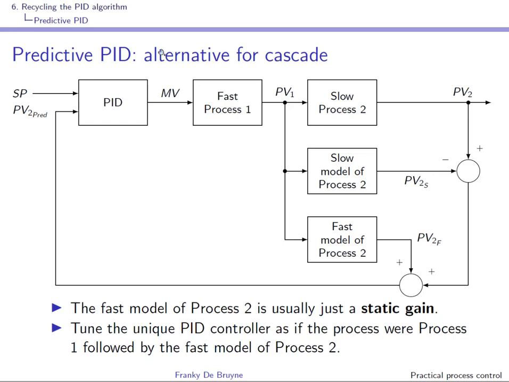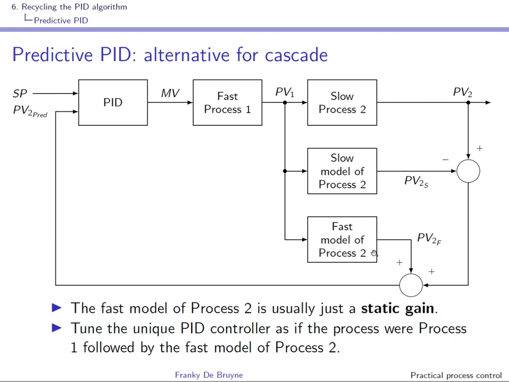In order to implement a predictive PID, what we'll do is use a fast model of this process 2, and we'll control the system with a PID controller as if the process is the fast process 1 followed by the fast model of process 2.